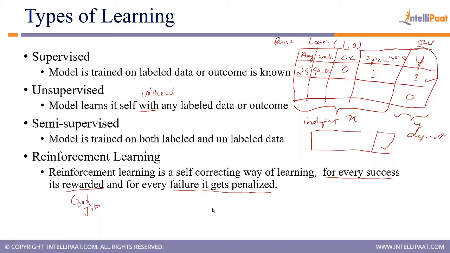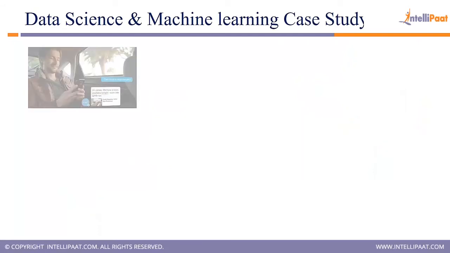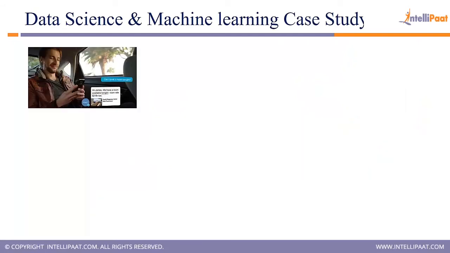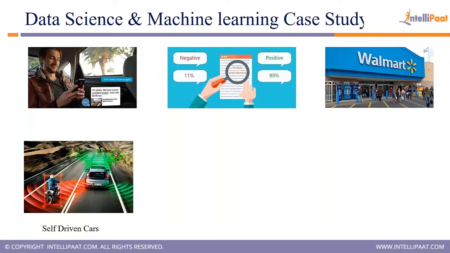So these are the types of learning which we can see, right? What are the other features? We can look for various use cases in machine learning and data science, right? If you see, there are a lot of things coming in the market: the chatbot, sentiment analysis, sales prediction, self-driven cars, facial expression recognition, and image tagging, right?